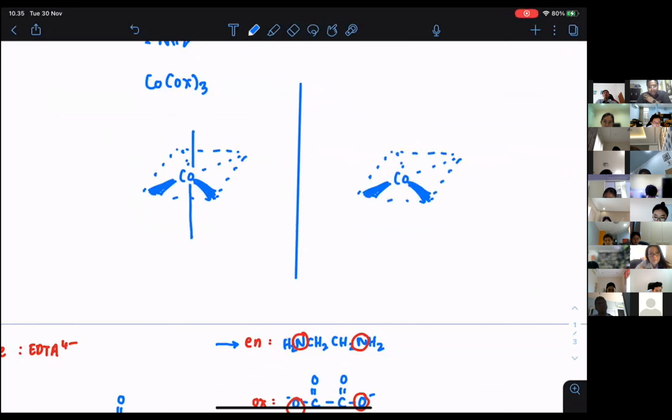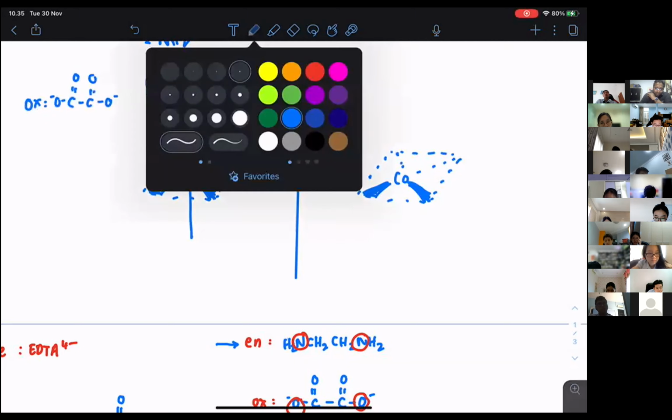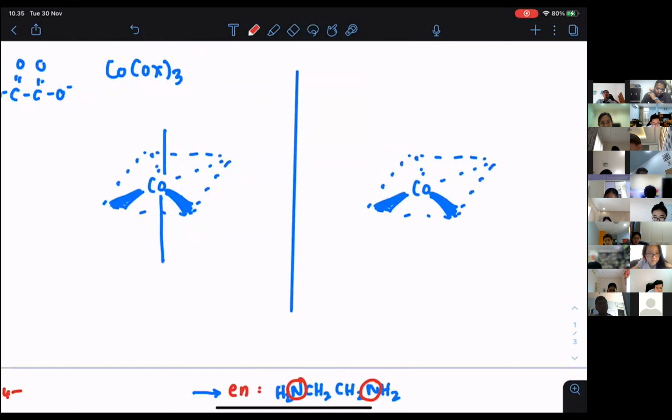So OX. OX is what? OX is going to be C double bond O, O minus, C double bond O, O minus. So I want to actually put that in. So O minus bonded to C double bond O, C double bond O, O minus, top connected to the side.